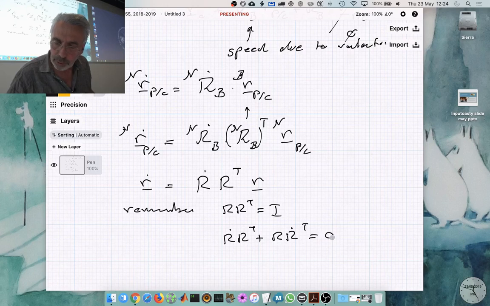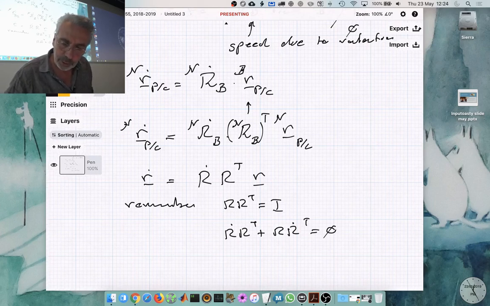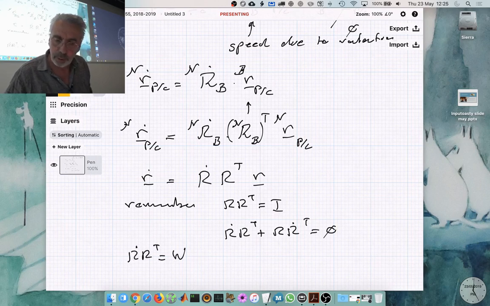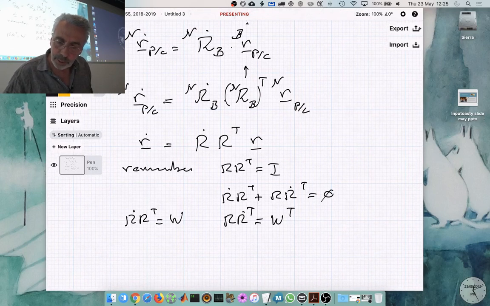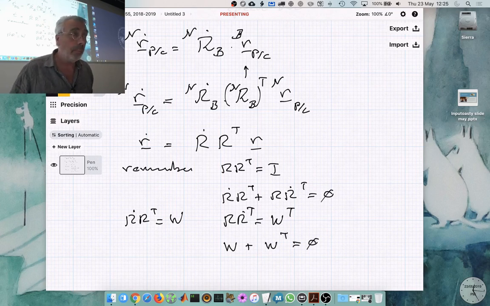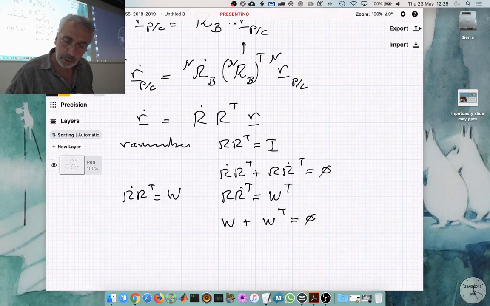The derivative of the identity is 0. But this looks a lot like this. If I call this R dot R transpose W, then the transpose of W is R R dot transpose, just a transpose of the thing. Or in other words, what is stated here is W plus W transpose is 0. And W is a skew-symmetric matrix, so we get R dot is apparently W times R. Yeah?